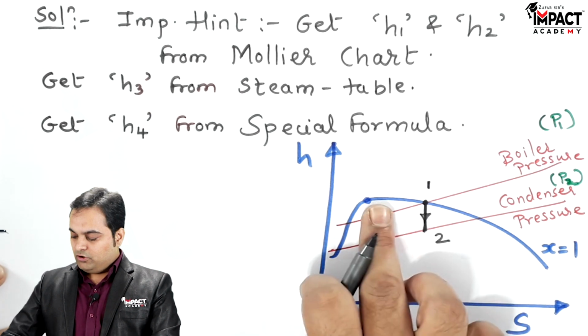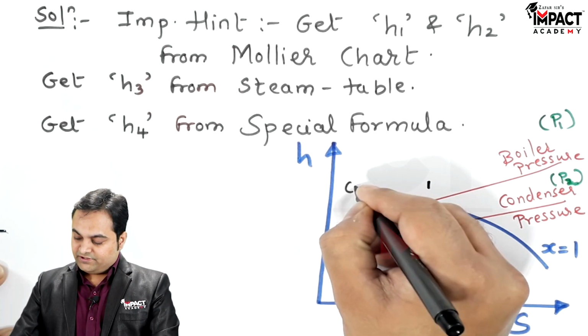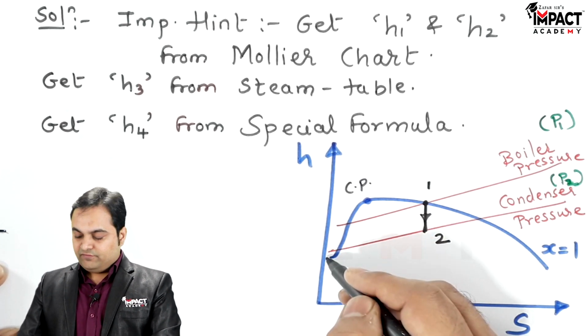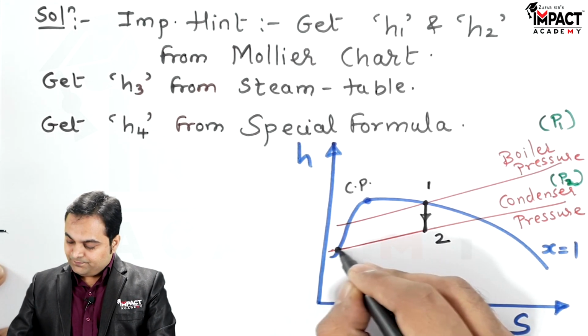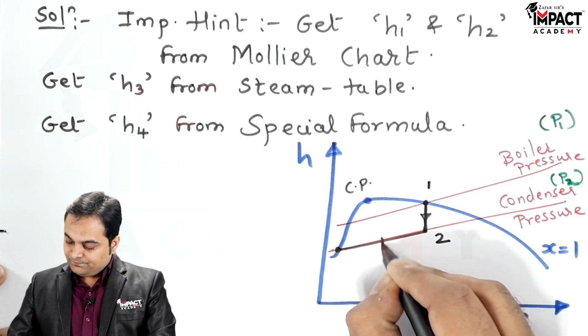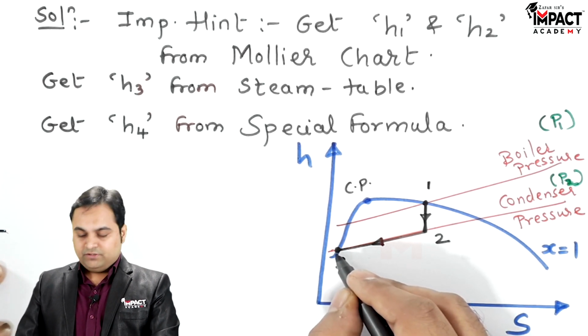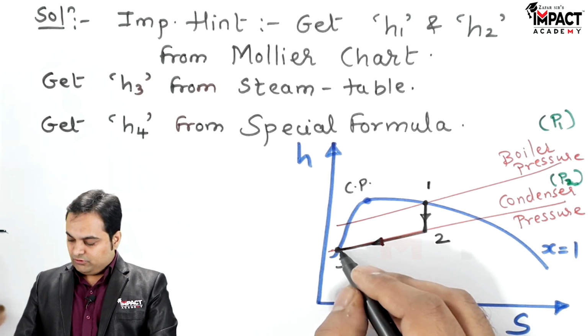So this curve, onto the right hand side we have saturated vapor, and onto the left hand side, because this is the critical point where the phase transformation takes place, so this left curve is the saturated liquid curve. So from 2, following the same pressure line, we reach up to point 3, that is the saturated liquid region, that is the liquid which is after the condenser or the condensate.